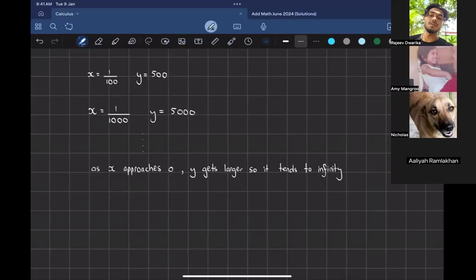The mathematical notation for this is limit as x approaches 0.